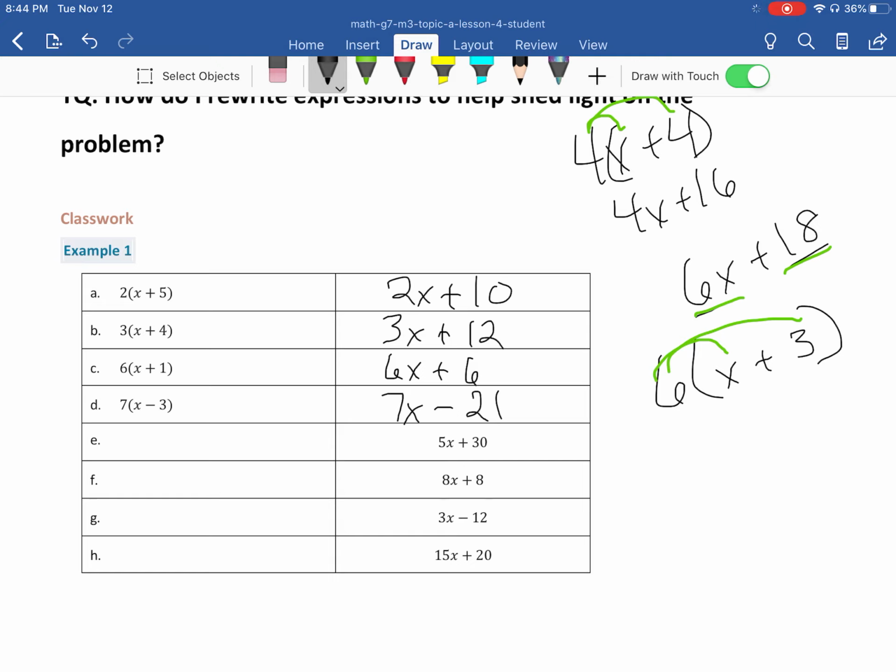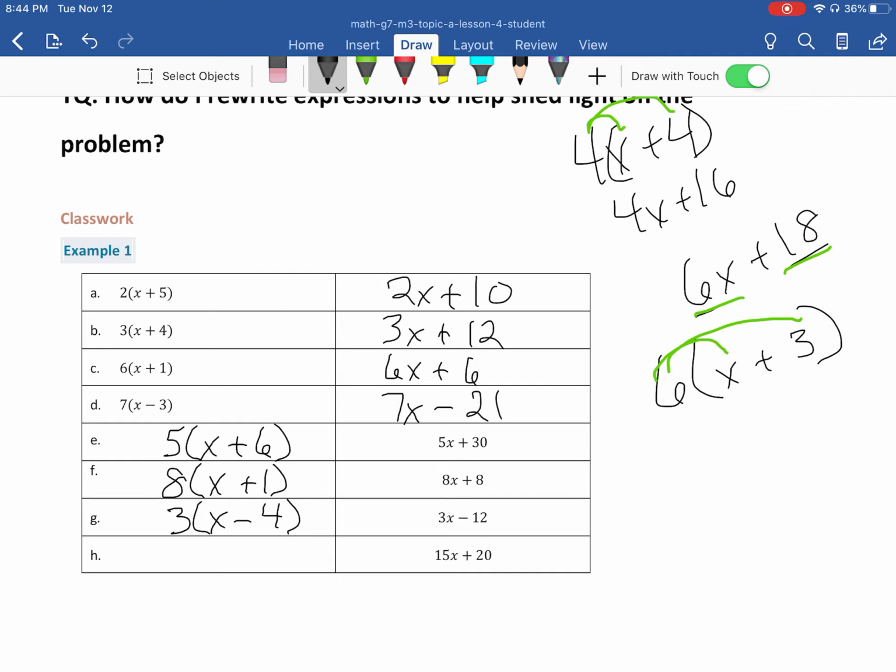The greatest common factor of 5 and 30 would be 5. 5 parentheses x plus 6, because 5 times 6 is 30. Greatest common factor of 8 and 8 is 8. Greatest common factor of 3 and 12 is 3. Keep my minus sign, and then 4.